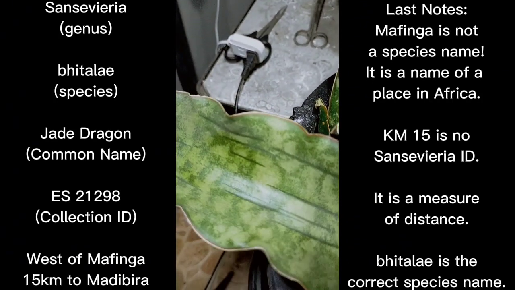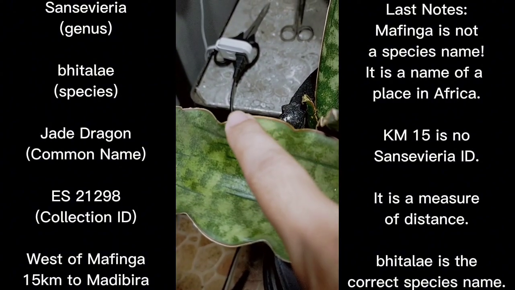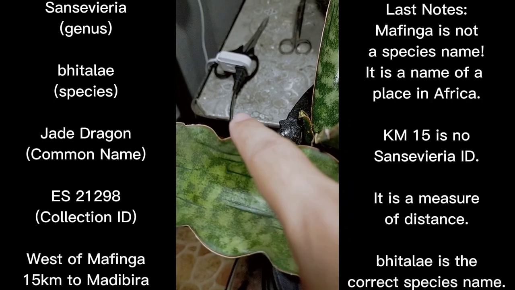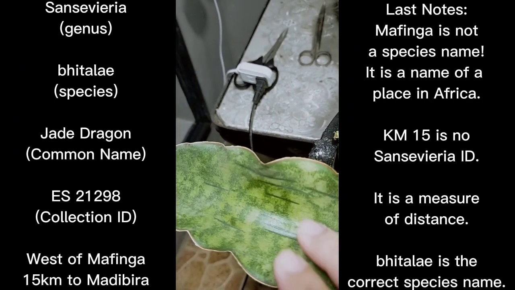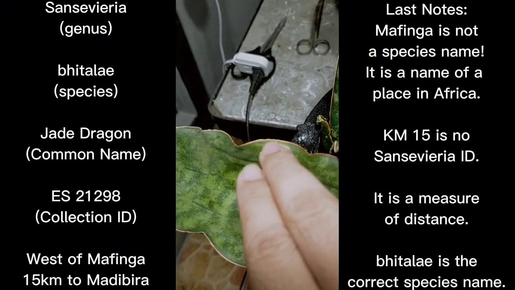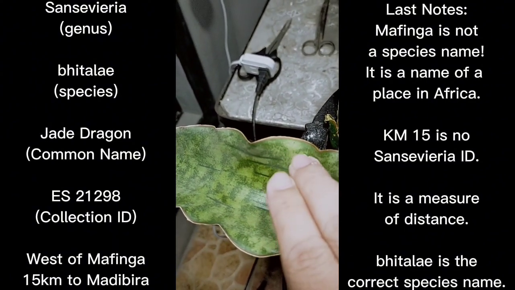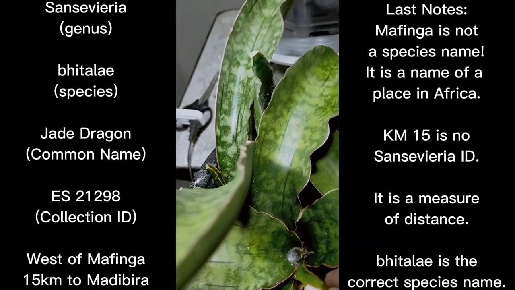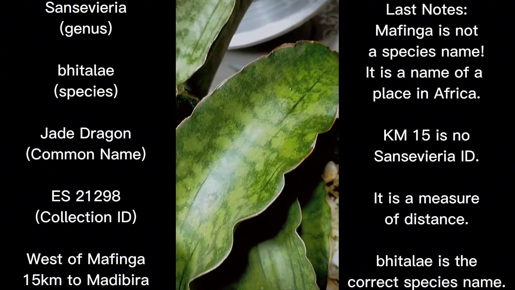See if I can get something. And then the edging, because they're all bhitalae, it's the same. The outer part is actually a wilty wood-like appearance, and then after it would be instead of reddish, looks to me that the Jade Dragon has brownish, but other parts of it are also reddish in color.